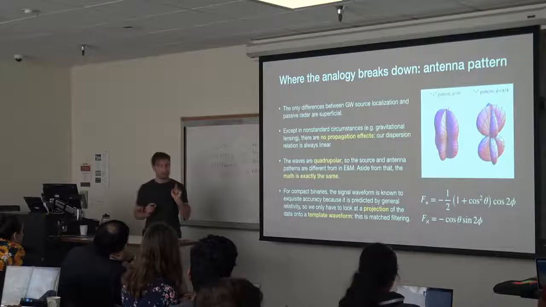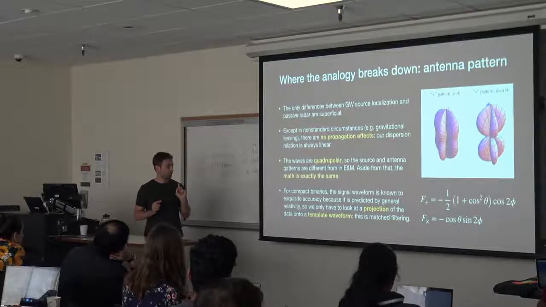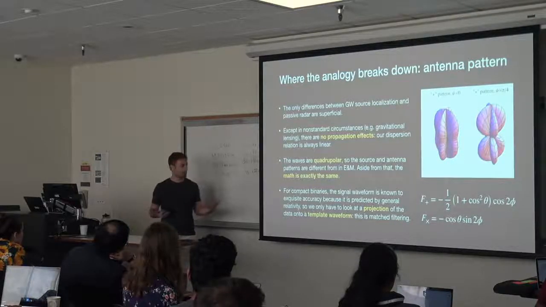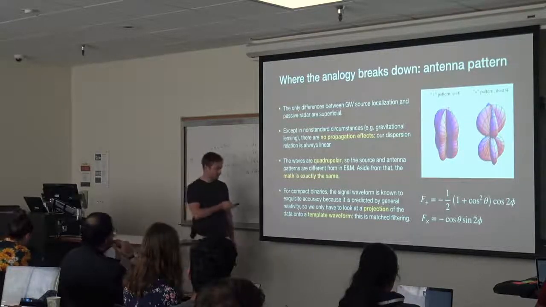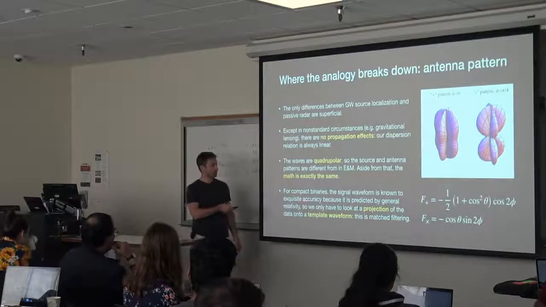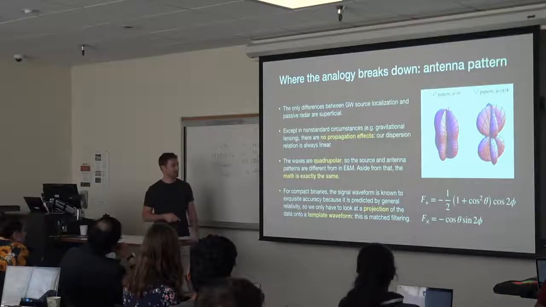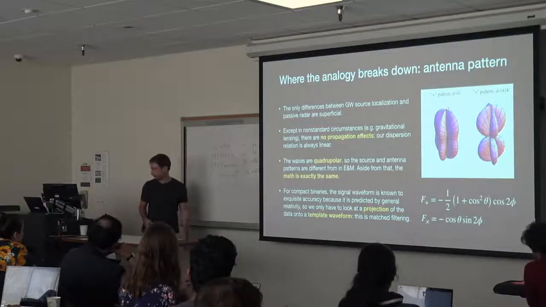There's no nuclear physics, there's no electromagnetism, and so we can model the waveform for mergers to exquisite accuracy, which makes it more straightforward to search the data than if we didn't have a model or template waveform.